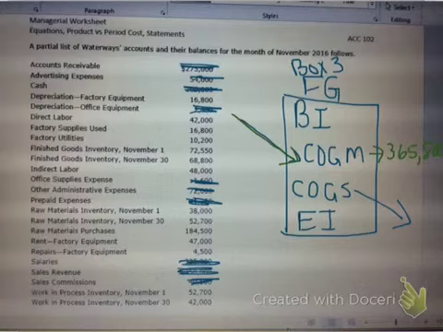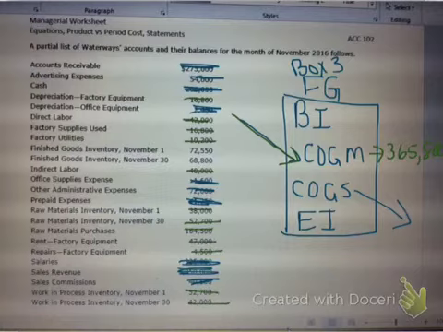So when I look at what I have left and what I haven't used so far, I'm going to go through and cross out everything that I've used in previous boxes. And so the only thing that I am actually going to be left with in this particular box are actually the finished goods inventory for the beginning and the finished goods inventory for the ending.